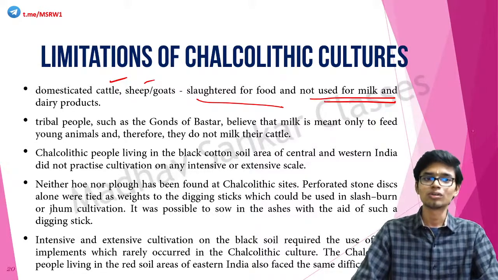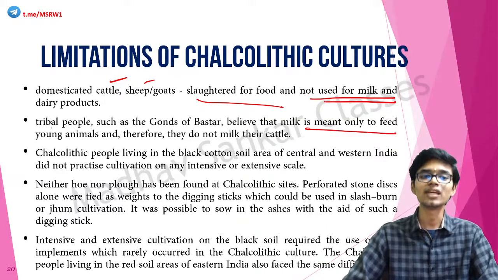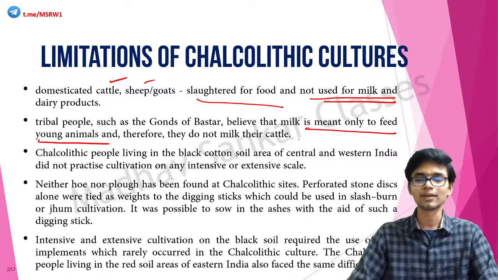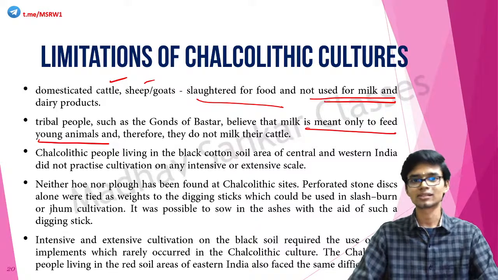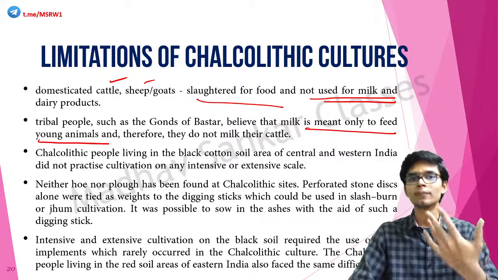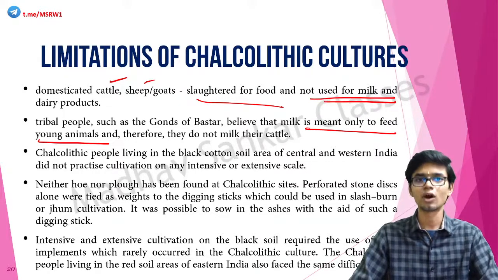Tribal people, such as the Gonds of Bastar, believed that milk is meant only to feed young animals, and therefore they did not use milk. So they never milked their cattle. Cattle were used for meat purposes only, not for milk products. So this was a drawback. Cattle were not completely utilized.